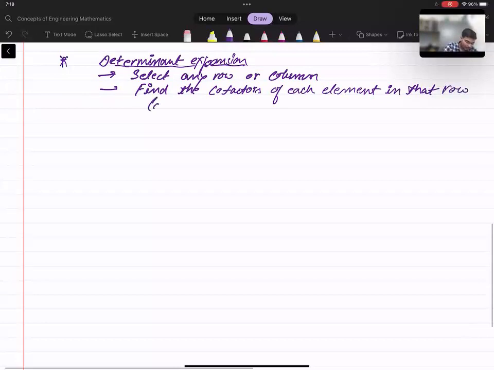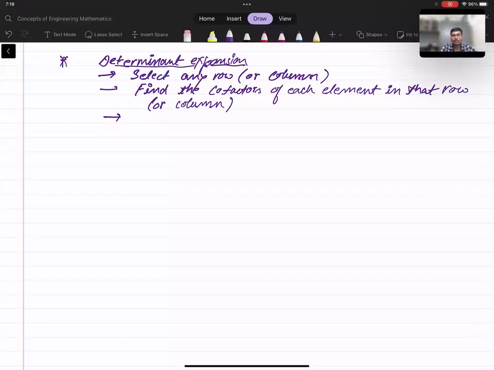Row or column. This can be done using either the row or column. And after we have found the cofactors, we need to add the product of respective elements with their cofactors.